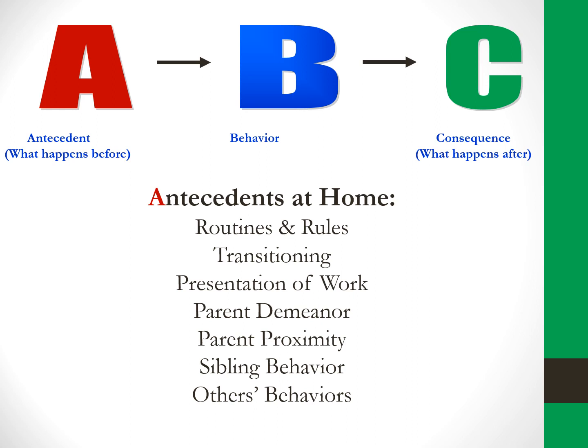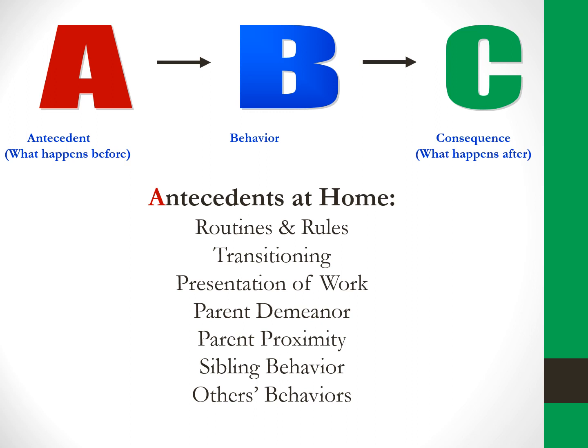Sometimes our demeanor as parents, right? We come home, we're super cranky, or maybe you come in the room with a certain, I know that I had the teacher face, right? Like the stink eye. And that can be a trigger for behavior. Sometimes parent proximity or even the lack of proximity. So let's say you move to the other room, and that's a trigger for, now I can finally go get into the fridge and grab my favorite snack.